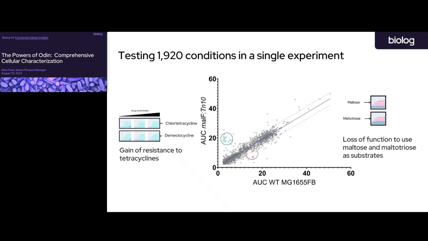Many of these pathways are interconnected, so even if you think you know what effect a mutation will have, it's really nice to be able to screen the conditions at the same time so you can identify what's actually happened. The outliers on this scatter plot, there's a few that I've highlighted, which are the expected ones, but you can see there's some other gray dots that are outliers, and those might be things that we didn't expect that happened as a result of creating this strain.